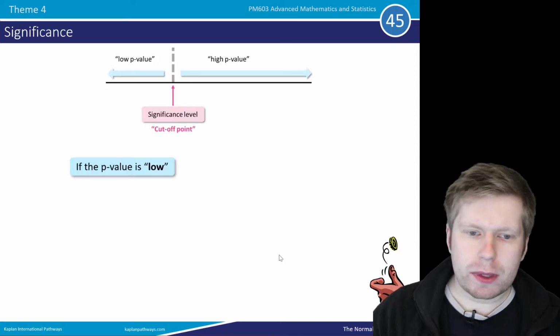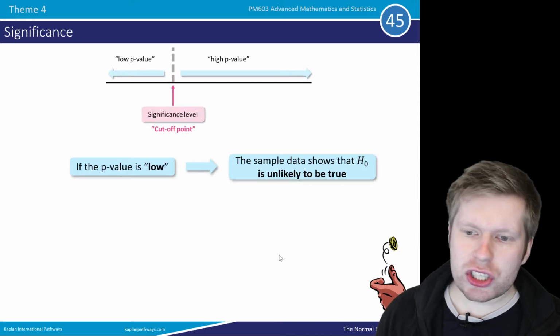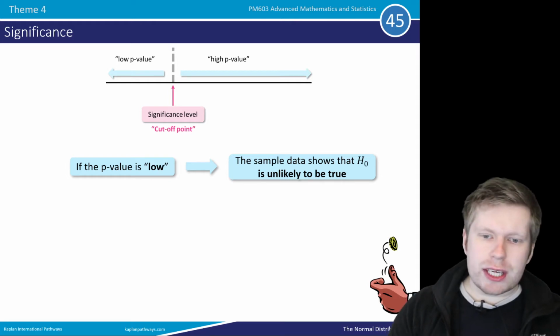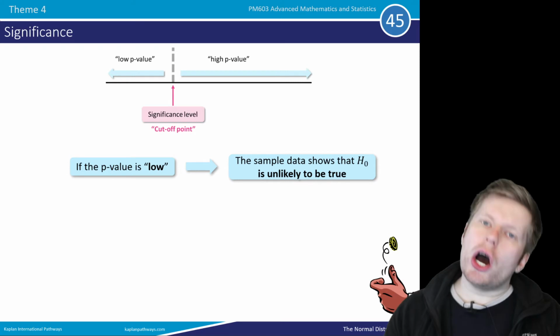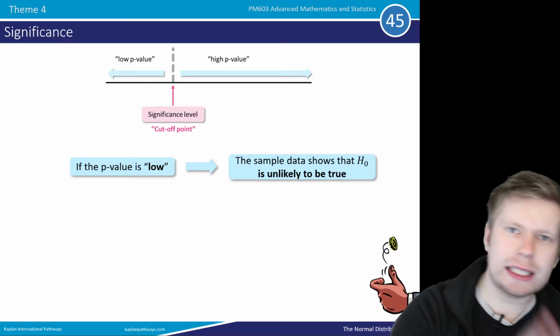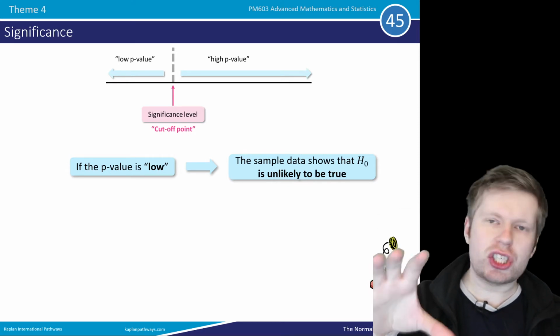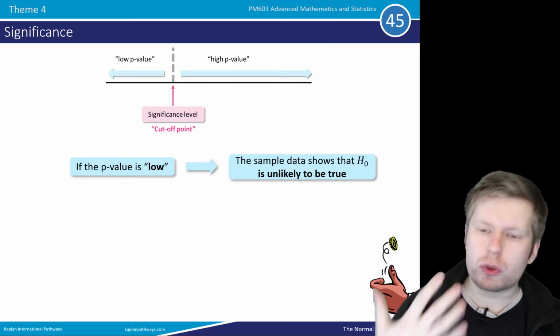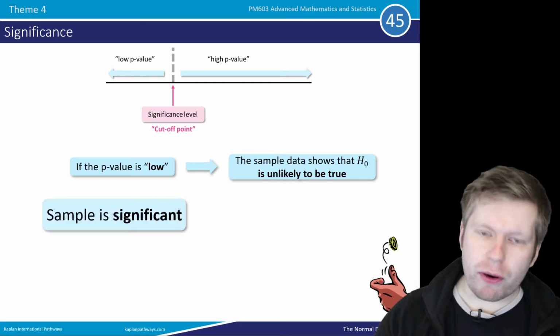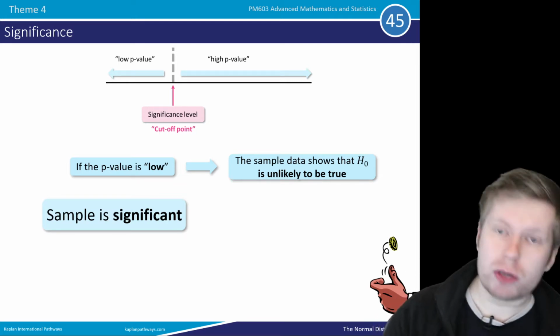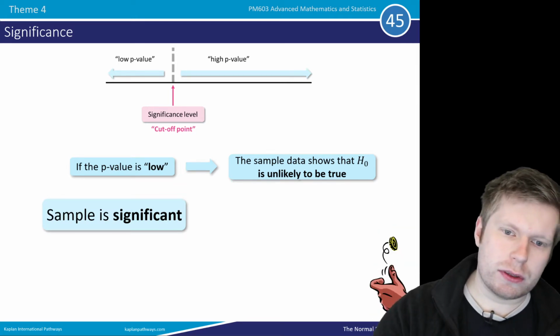So, if the p-value is low, then the sample data shows that the null hypothesis is unlikely to be true. In other words, if that p-value occurs below our cutoff point, below our significance level, then there's evidence which shows that the null hypothesis is unlikely to be true. So we say that the sample which we've just collected is significant, okay?